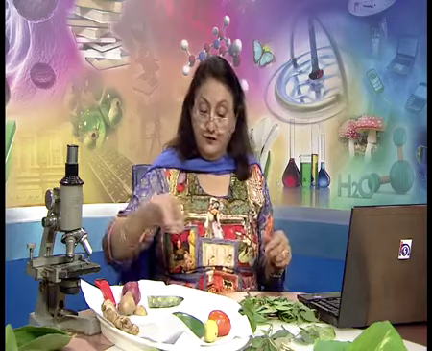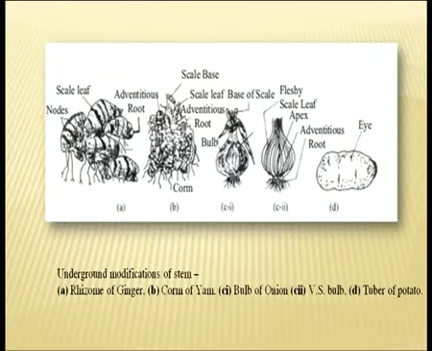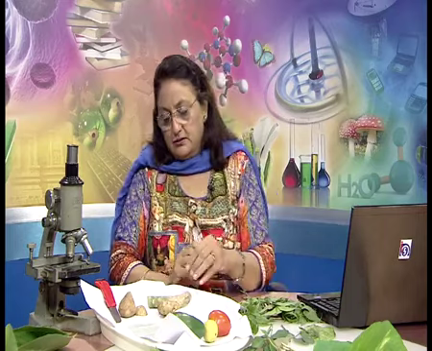Now we shall focus on certain other modifications. I had shown you ginger, with the scaly leaves and the nodes and internodes on it. Then I have another example, the corm, or bulb. You must have seen it at many vegetable shops, the onion.